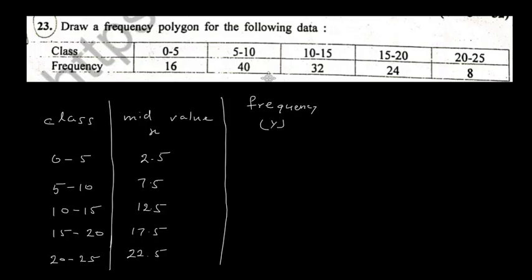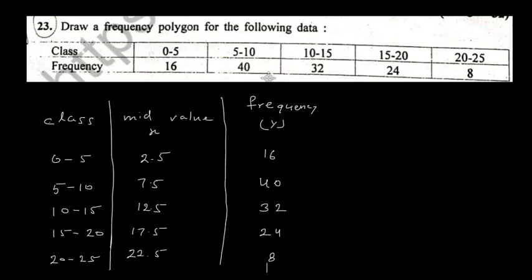For the frequency polygon we have frequency 16, then 40, 32, 24, 8.